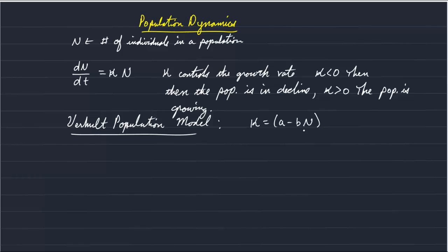But as the population grows, the growth rate decreases linearly with the population. So let's insert this function for kappa in our differential equation. So we have our growth rate again on the left-hand side is equal to our growth rate parameter, kappa, that's a minus b times n. And again, the growth rate is also proportional to n because it depends on the number of individuals there are to reproduce.